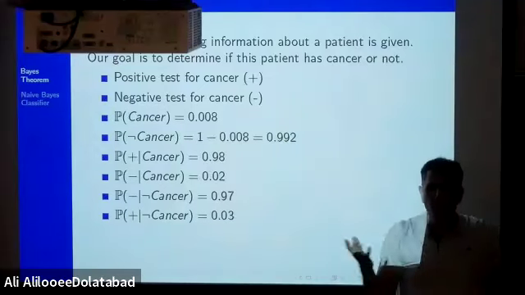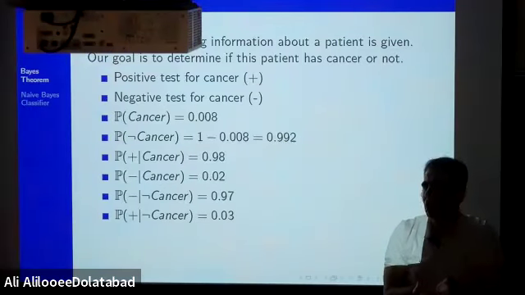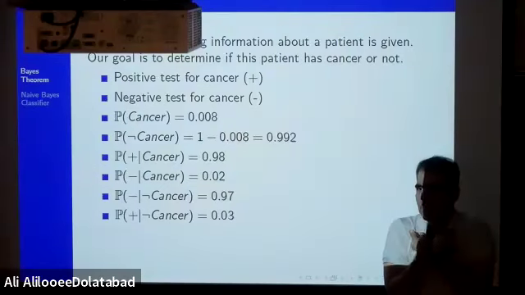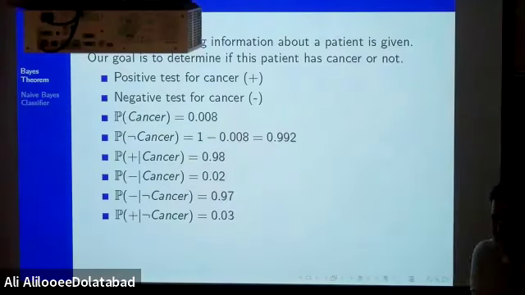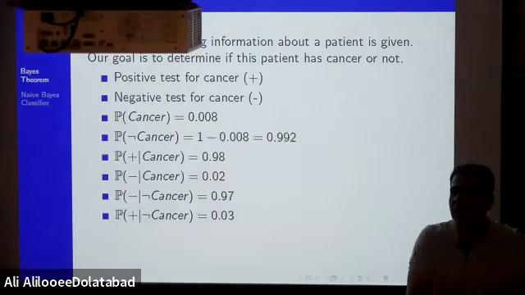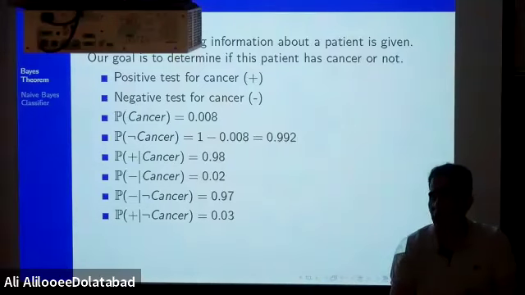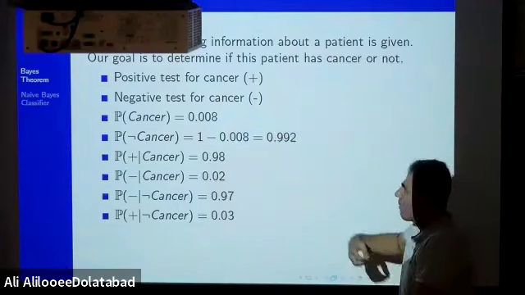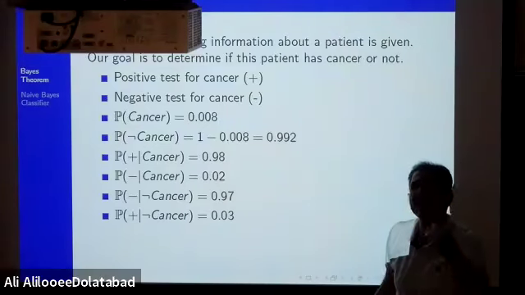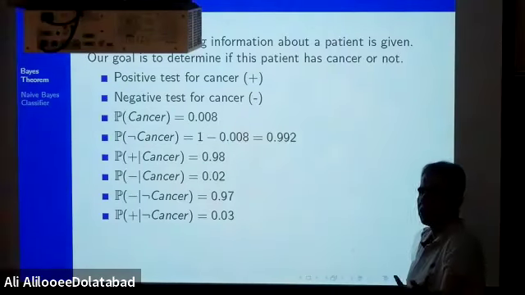In what way can we test this hypothesis? Before testing me, you cannot say if I have cancer or not. Therefore, we need to use data. We have data about the test that we are using on this patient.